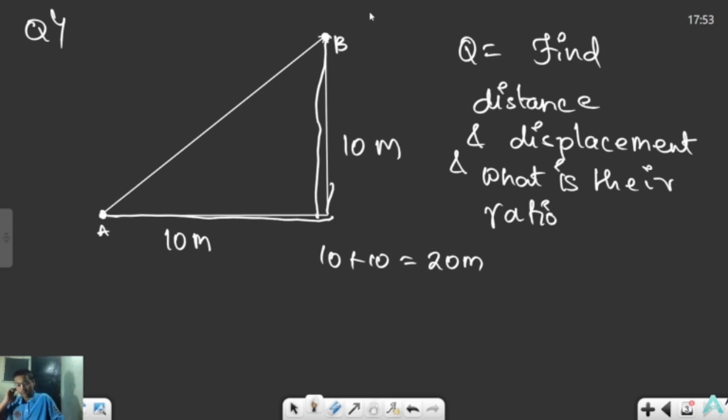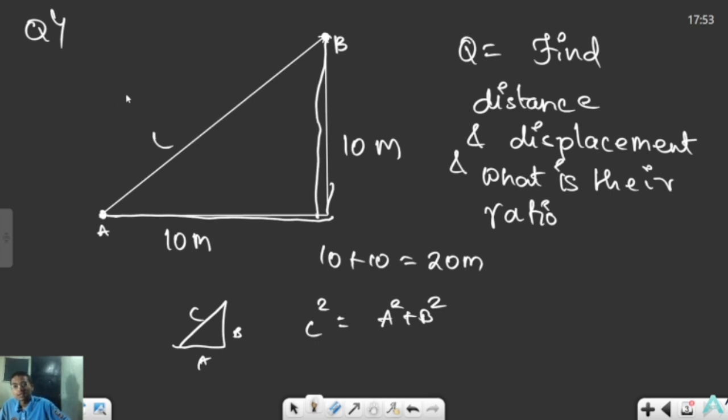Now we know by Pythagoras theorem, rather than just confusing you, I'll explain it. Let us say this is A, this is B, and this is C. Pythagoras theorem says that C square is nothing but A square plus B square. So in this case, the value would be 10 square plus 10 square, which is 100 plus 100, that is 200.